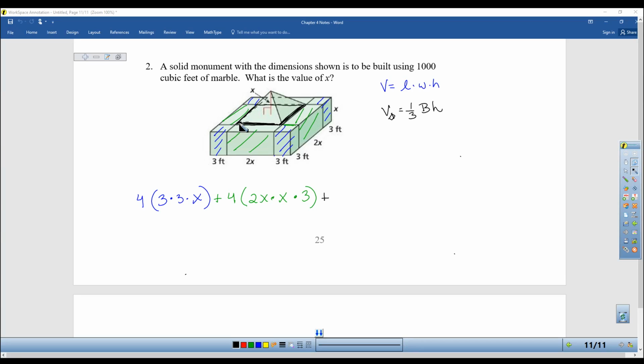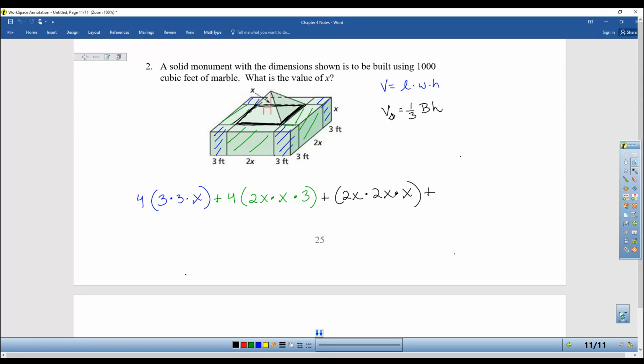Then the base underneath the pyramid, so we've done all the surrounding pieces, but underneath is going to be 2x by 2x. And its height, just like everything else, is going to be x tall.